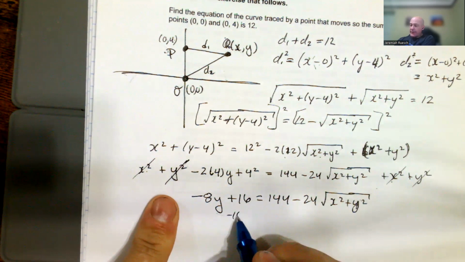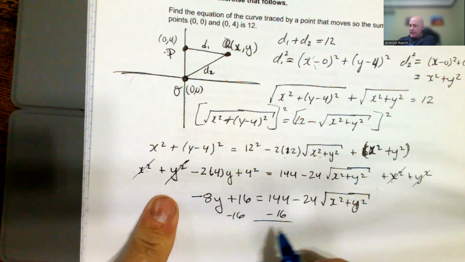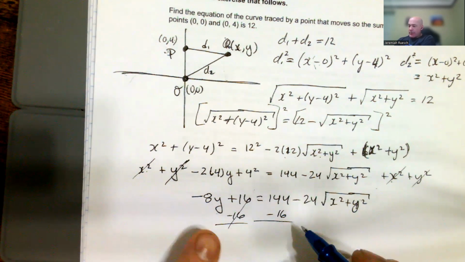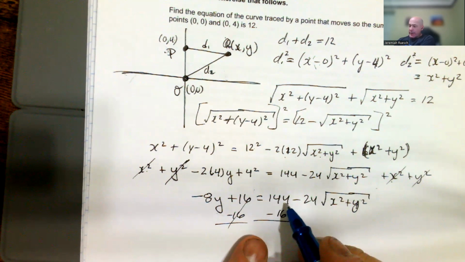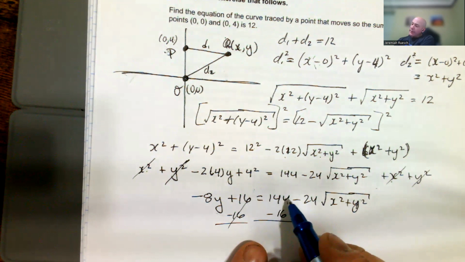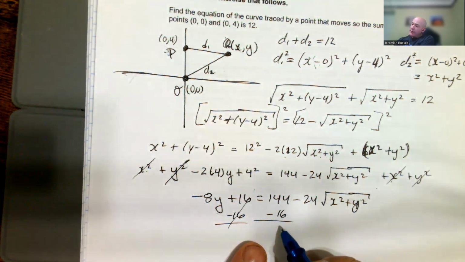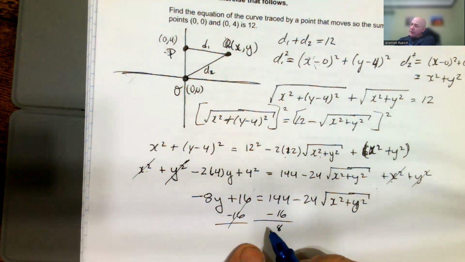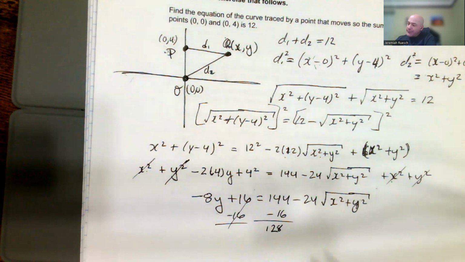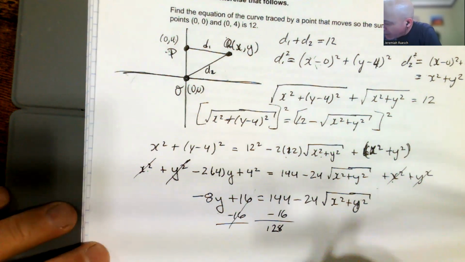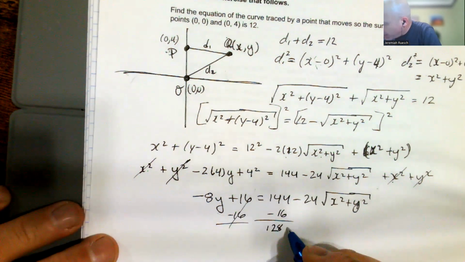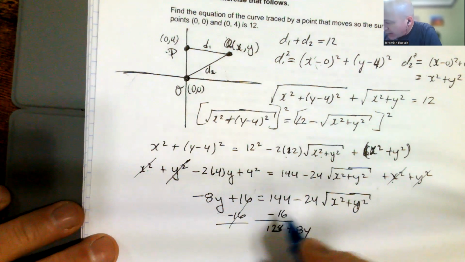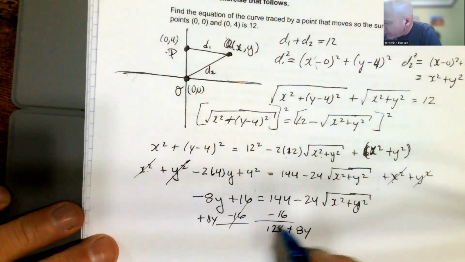So subtracting 16 from both sides, that's going to give me 0. This is going to give me, let's see, 144 minus 16 is 128, plus 8y, adding 8y to both sides.